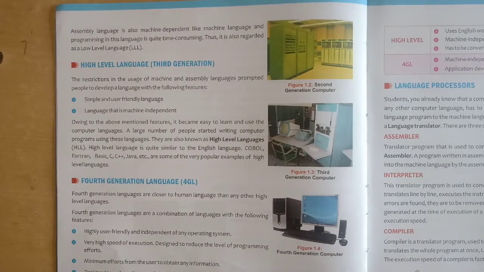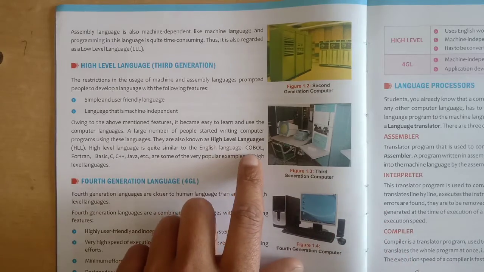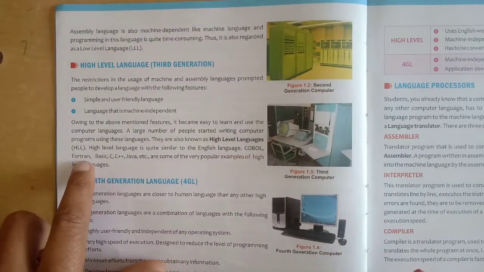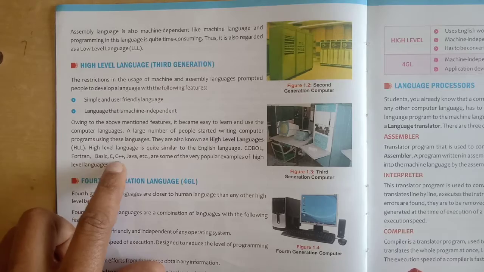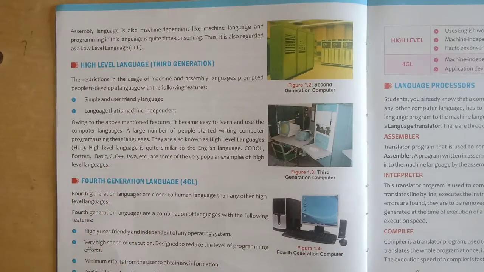Because in this time the features in this language are maximum and very useful for people. Here you see some examples of high level languages: COBOL, Fortran, Basic, C, C++, Java, etc. These are all very popular examples of high level programming languages.